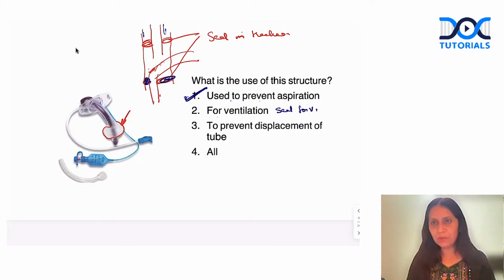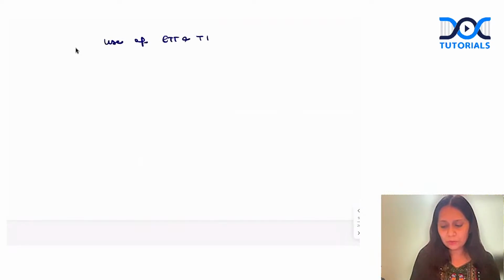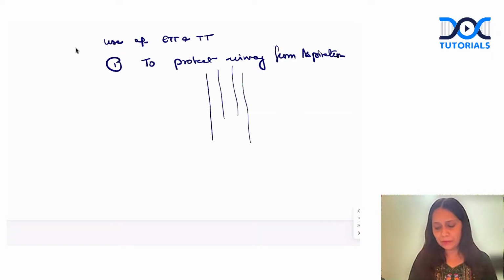To prevent displacement of the tube is completely wrong. Even if I inflate the cuff and pull the tube, it will come out, so it is never helpful in keeping the tube in place. Remember, one of the very important uses of the endotracheal tube and the tracheostomy tube is to protect the airway from aspiration, and for this both devices are provided with a cuff.